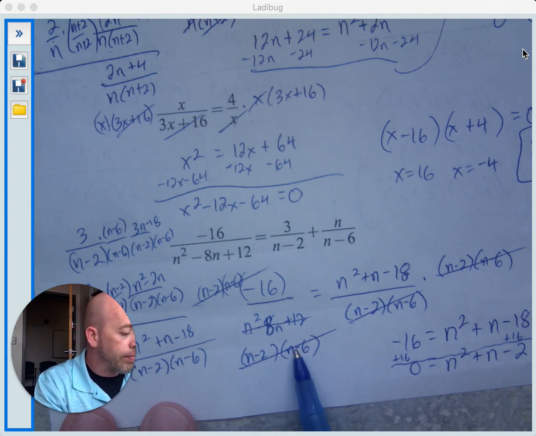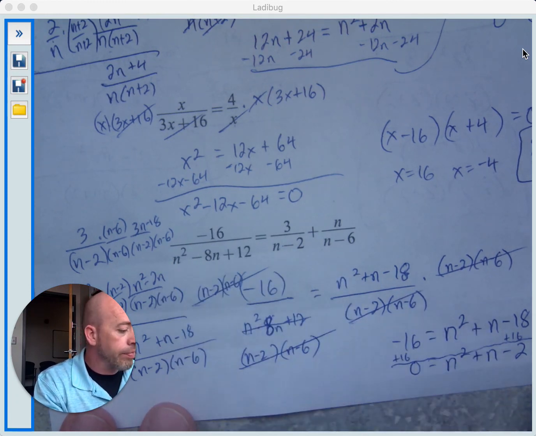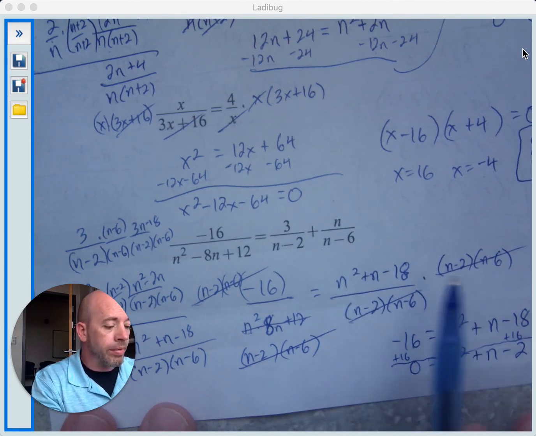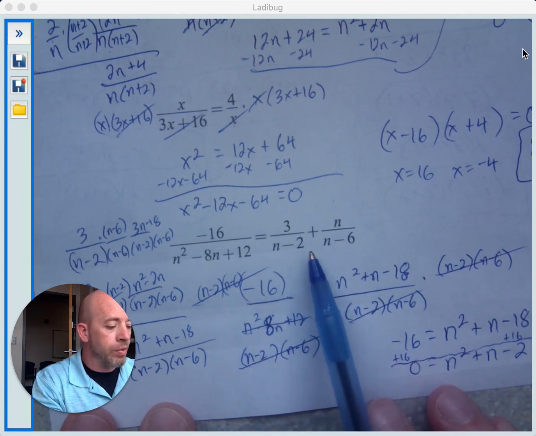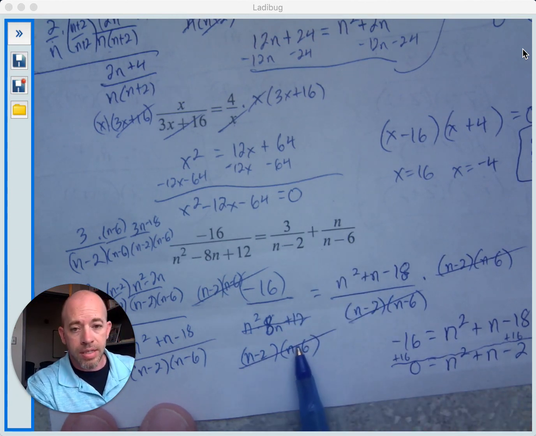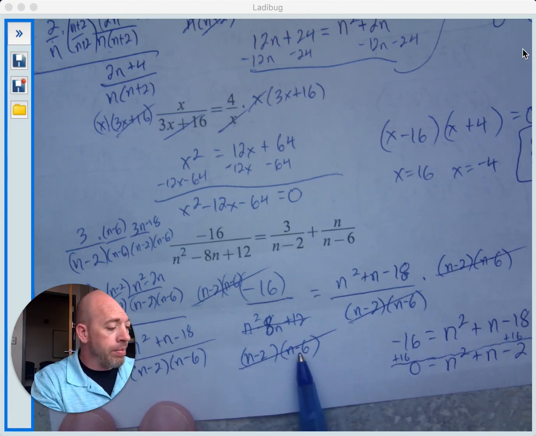Those are okay. So if I plug in negative 2 anywhere here, we're okay. Negative 2 minus 6 is negative 8, not 0. If I plug in 1, 1 minus 2 is negative 1, 1 minus 6 is negative 5. So I don't have any problems with these.